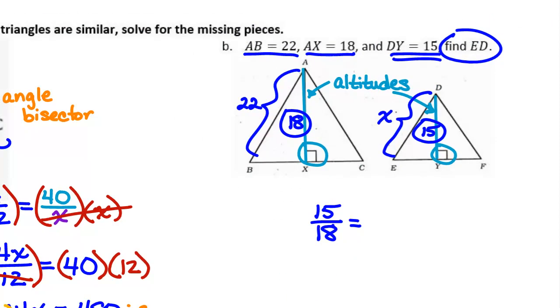For my second fraction, my corresponding sides, I need the side that goes with 15 in the other numerator, because 15 is in my numerator here. What should go on the top of this second fraction? X. And on the bottom of the second fraction? 22, the corresponding side on the other triangle.